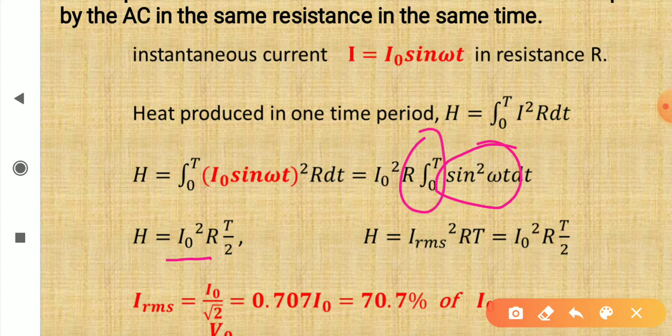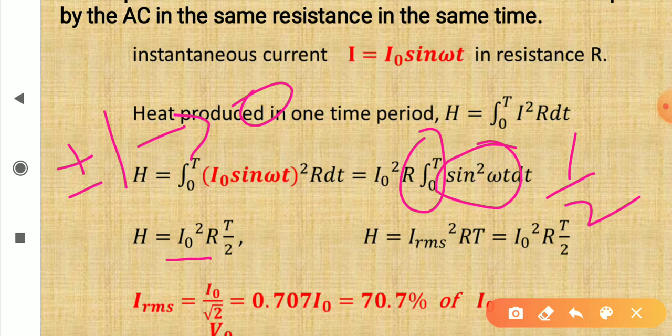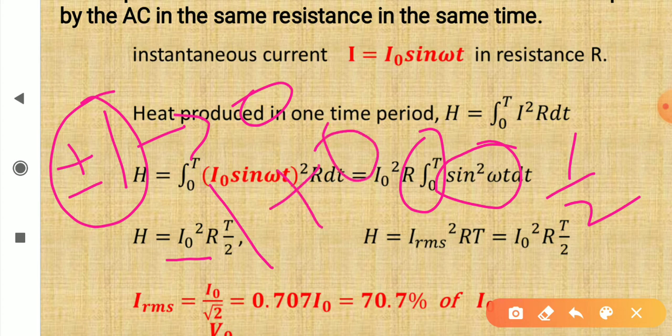Now the average value of sine square omega t for one complete cycle is 1 by 2. See, the value of sine function or cosine function varies from plus minus 1 to 0, right? Now sine square, when you do sine square, then the square of plus minus 1 is 1, and the minimum value is 0, and the average will be 1 plus 0 divided by 2.